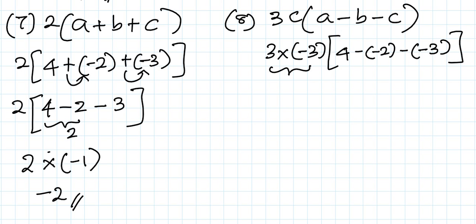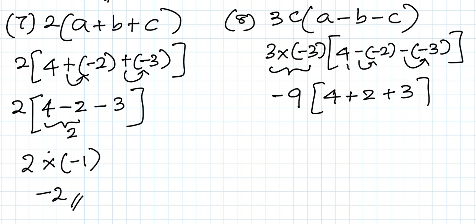Outside the bracket, if I simplify, this is -9, and again minus into minus is plus, so 4 plus 2, again minus into minus is plus 3. So within bracket I get 9, so -9 multiplied by +9 is -81. That is question number 8.